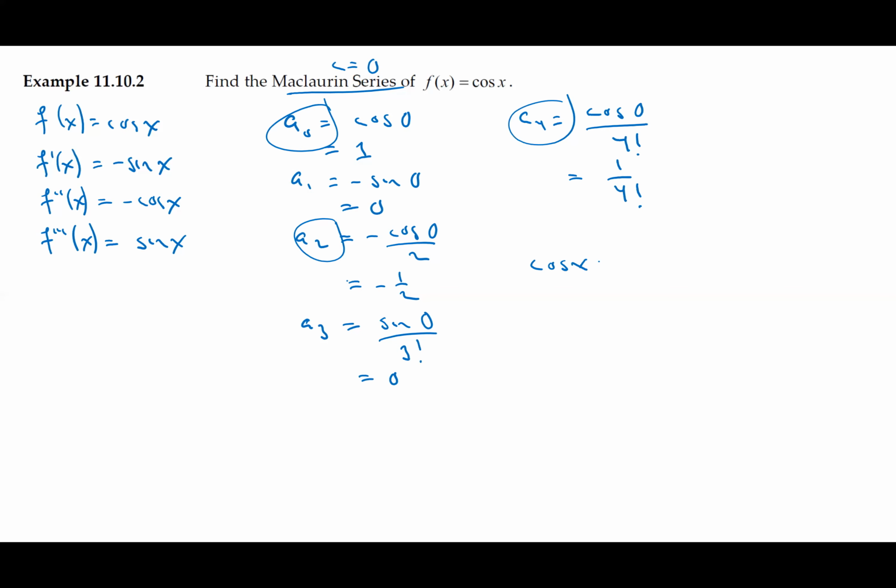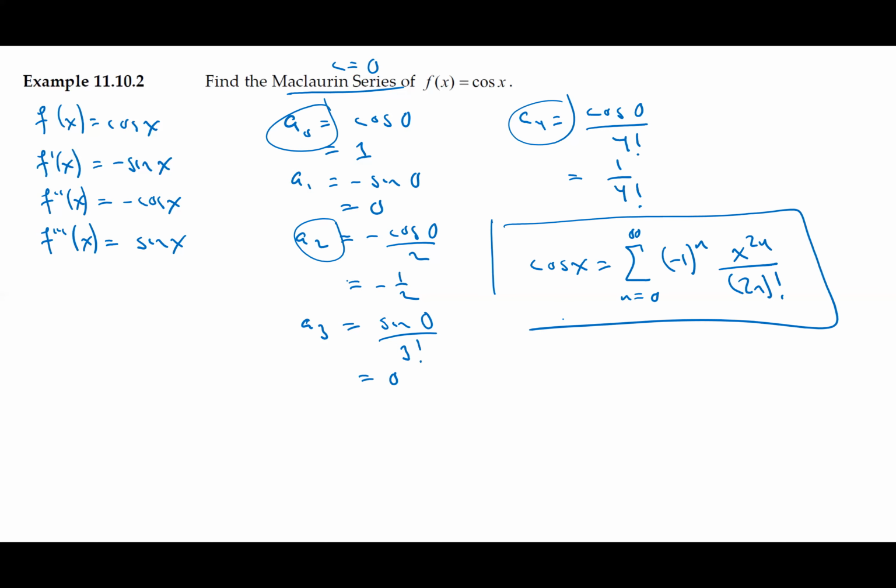And so cosine x equals the sum from 0 to infinity. I need the signs to alternate. And then it's my even terms that show up. So x to the 2n over 2n factorial, okay?